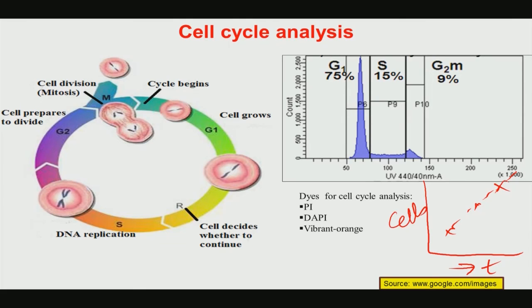If a cell is stuck at a certain checkpoint and is not able to go to the next stage, then as I have mentioned, the cell would essentially initiate its own suicidal mechanism and undergo apoptosis, which is nothing but programmed cell death.